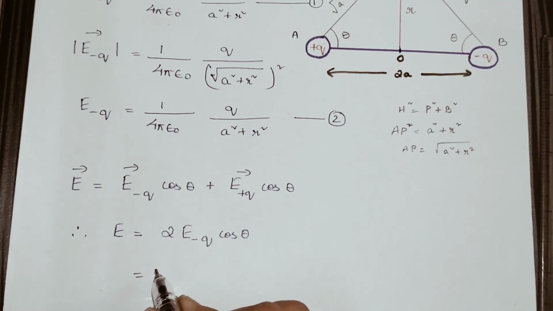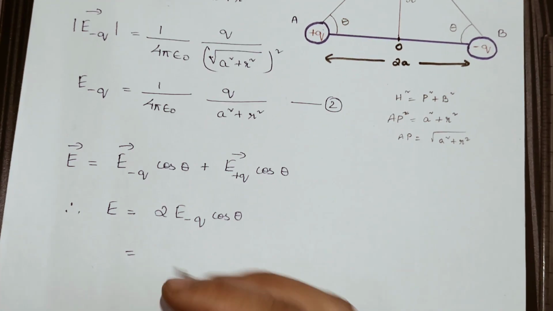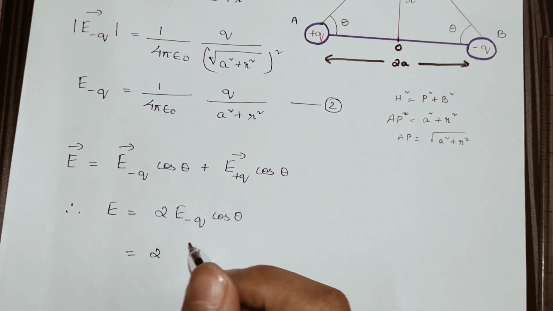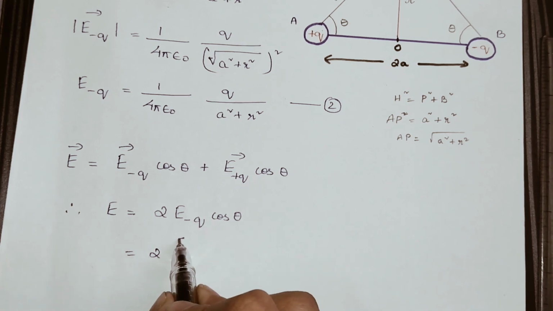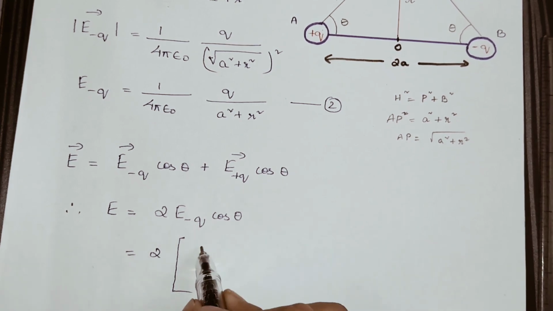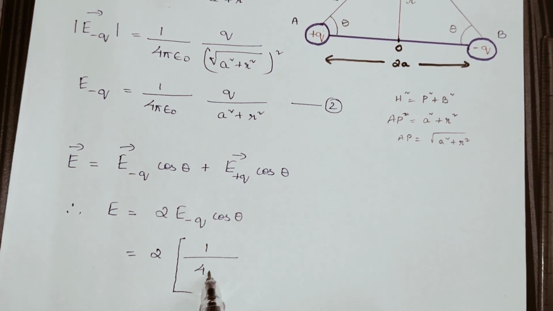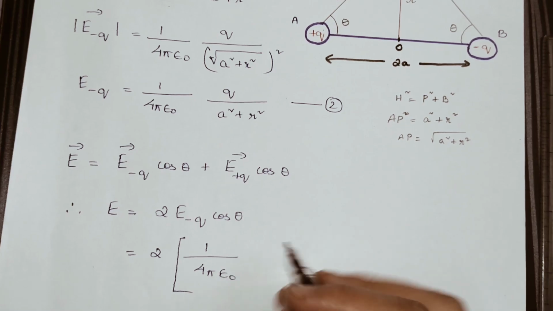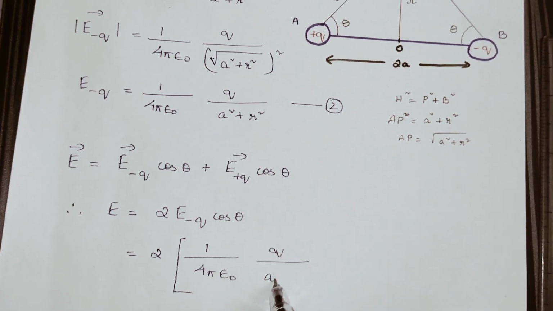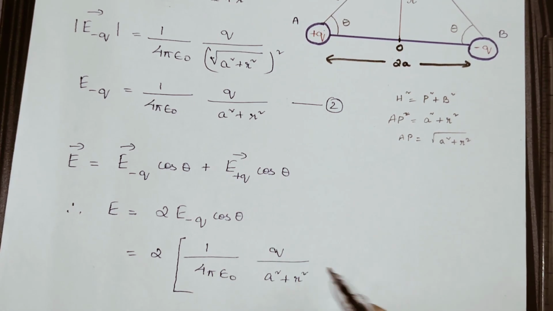After which I will just be substituting the values. E minus Q is 1 by 4 pi epsilon naught Q divided by a squared plus r squared, and if I put the value of E plus Q, it would be the same. There will be no changes in this equation.